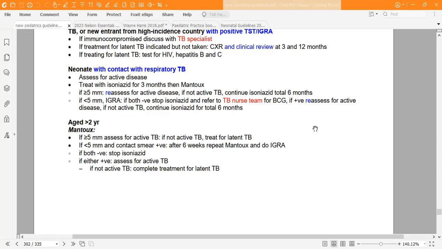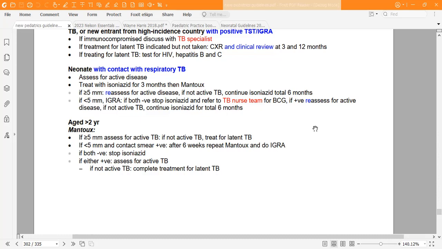If less than 5 millimeter and contact smear positive, after 6 weeks, repeat Mantoux and do IGRA.